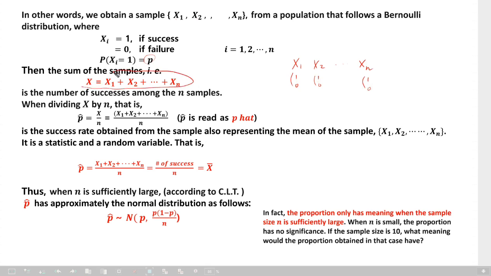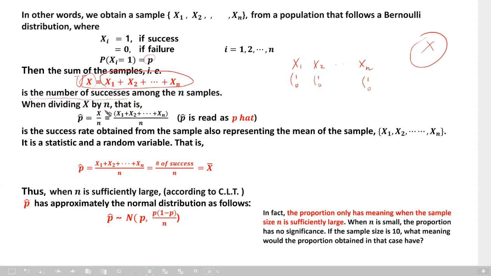So the sum of these x's, let it be capital X, another variable. You can call this u in order to distinguish it from the random variable x, but either way, you may understand even when I write down x. It is the number of successes among n samples. When each xi takes 1, it is added up. That's why x is the number of successes among the n samples.